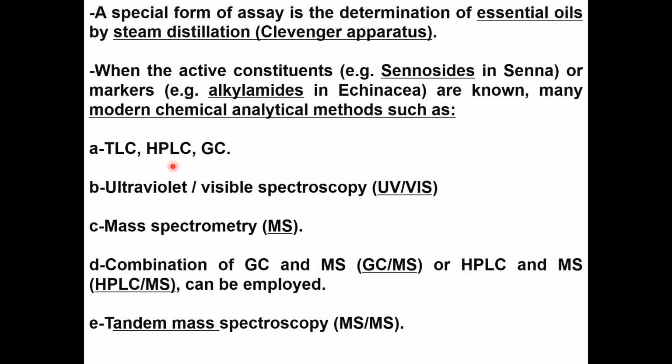So we can use different methods for the assay of these known active constituents, such as chromatographic methods, cellulose chromatography, HPLC and GC, spectroscopic methods, UV-visible spectroscopy or mass spec, or a combination of chromatography and spectroscopy techniques such as GC-MS or HPLC-MS. And recently, tandem mass spec was used to assay a target compound in a complex mixture of plant constituents.